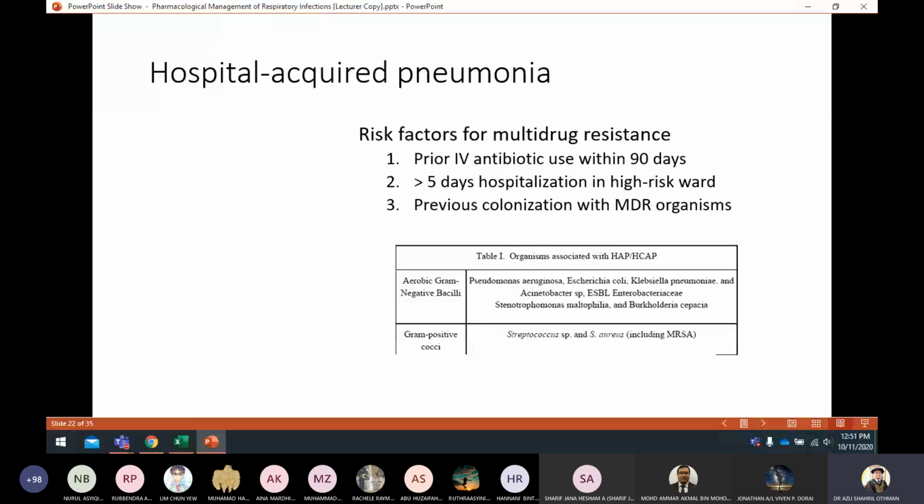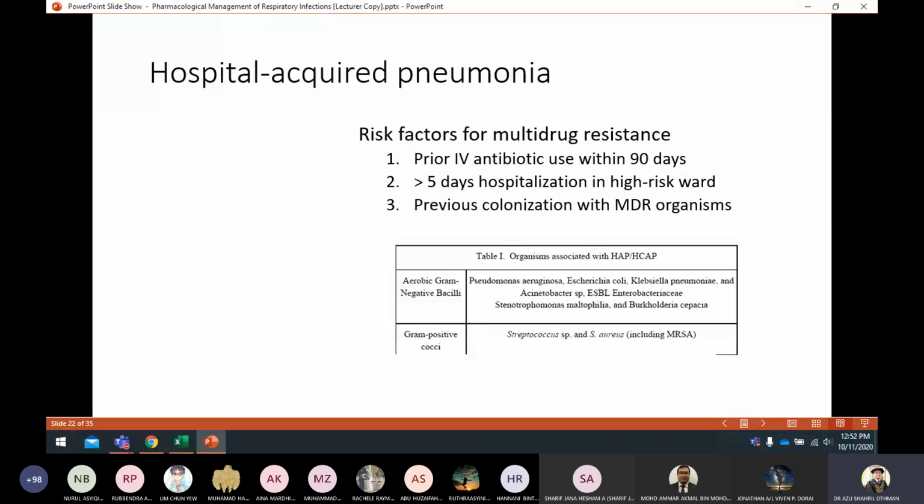Whenever you have hospital-acquired pneumonia, always think about resistance and always think about multi-drug resistance, which is more likely if there has been prior antibiotic given within 90 days, or the patient has been hospitalized for a long time in a high-risk ward, or the patient has a history of previous colonization with multi-drug resistant organisms.